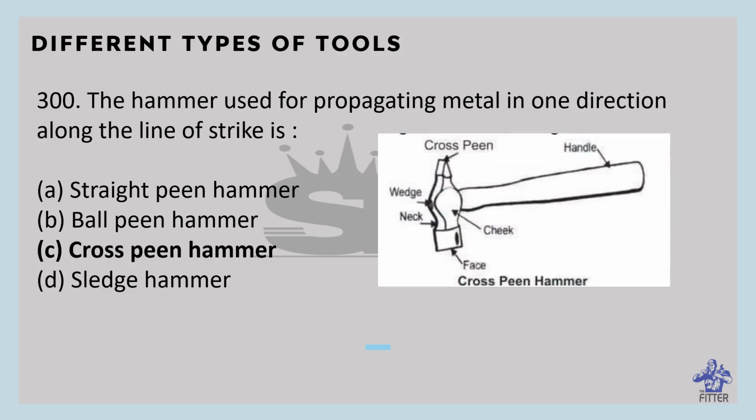You can see here in the image the cross pein. The hammer face is flat and the pein is set across the handle. It is mostly used for making grooves in sheet jobs and for hammering on the inner bend of a sheet job while folding it. Its weight is around 0.125 to 1.5 kg.